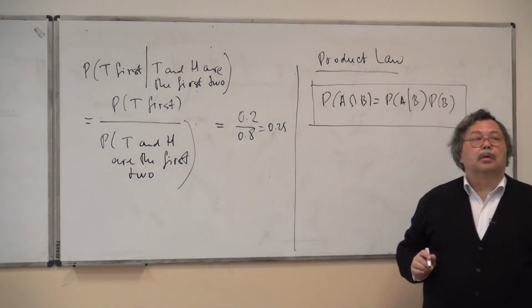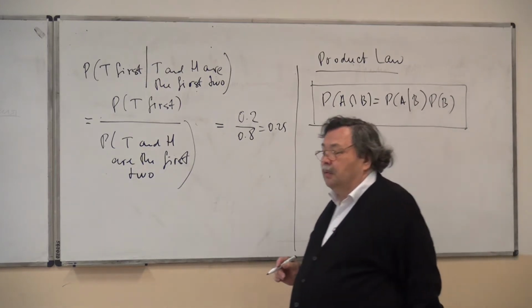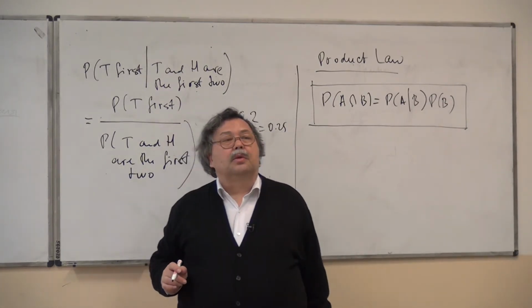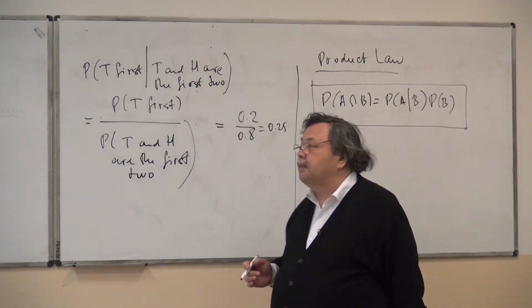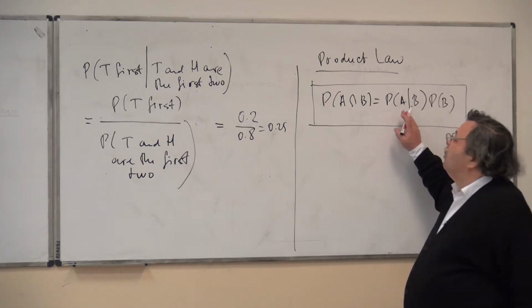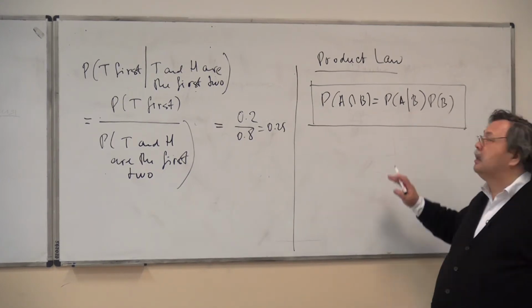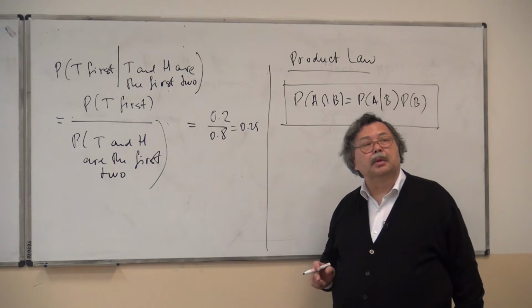It's called the product law. It's the formula that allows us to compute the probability of the intersection of two given events. Please notice that the right-hand side here contains the conditional probability, P of A given B.